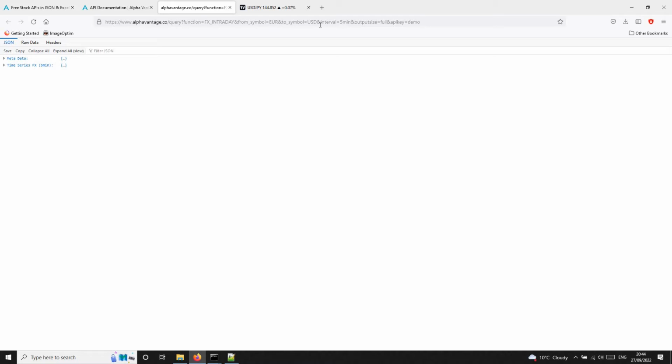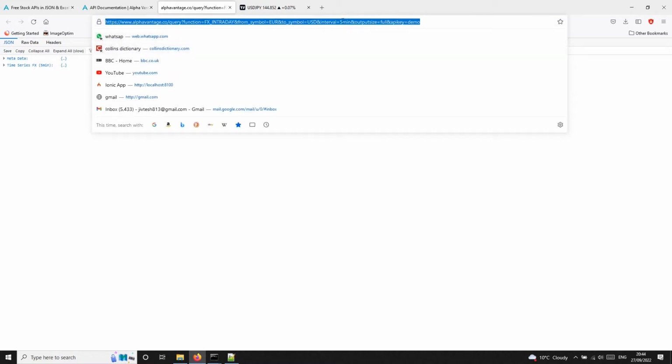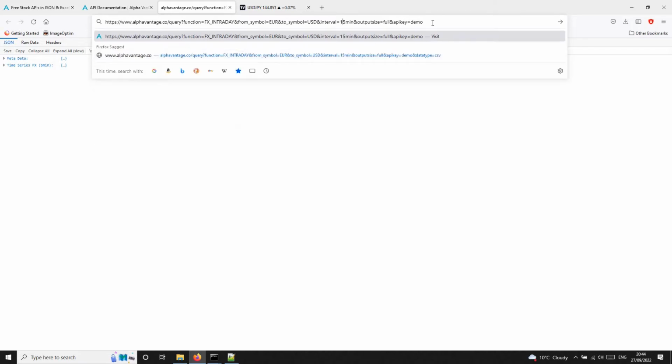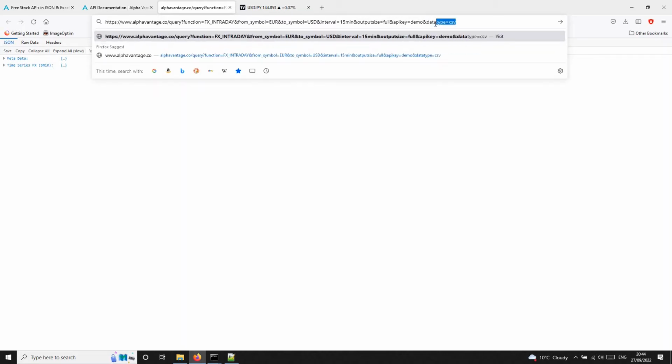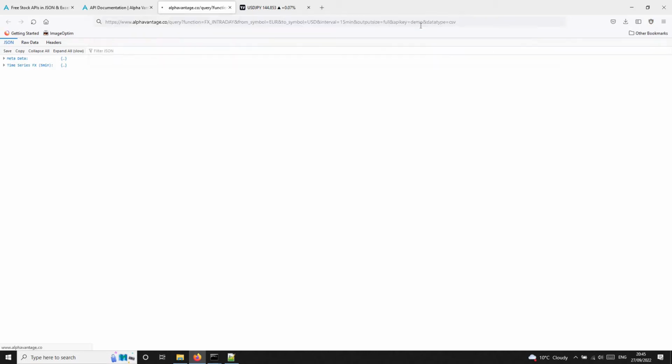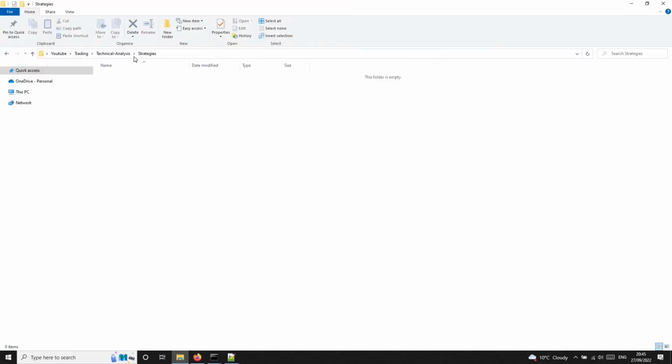I'm going to take Euro USD, change the interval to 15 minutes, and write down your API key here, and after that add datatype equals CSV. It will not work right now because I haven't added the API key, but if you enter your API key, it will download. I have already downloaded mine.